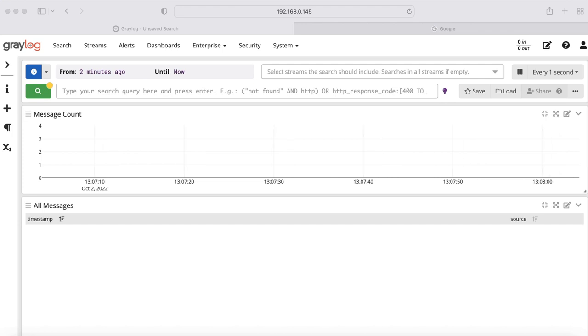The SIEM that we are using here is called Graylog. However, this data can be sent to any SIEM as the information is sent via syslog, and any SIEM capable of receiving syslog will be able to process this information.